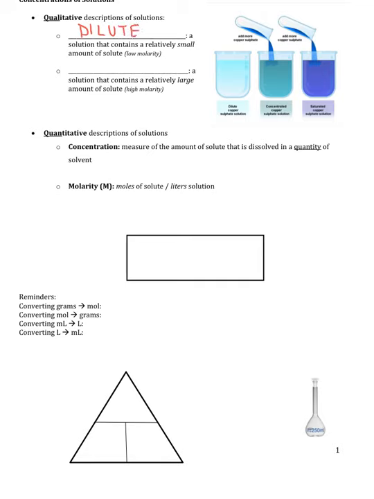So if you have a little bit of solute and a lot of solvent, then that's a dilute solution. And then in the middle, you have a concentrated solution. That means you have a large amount of solute.